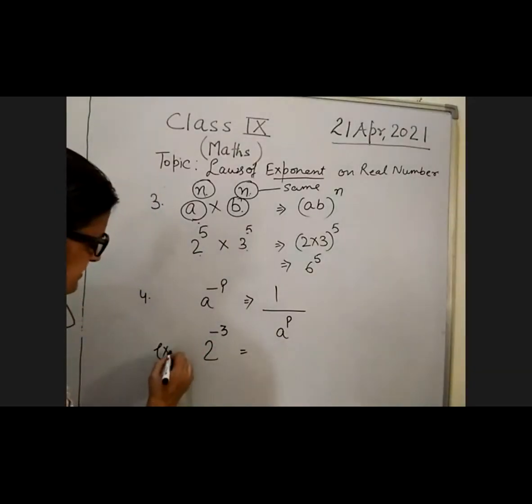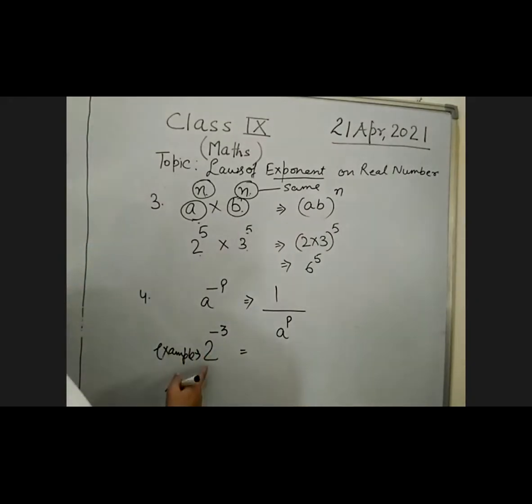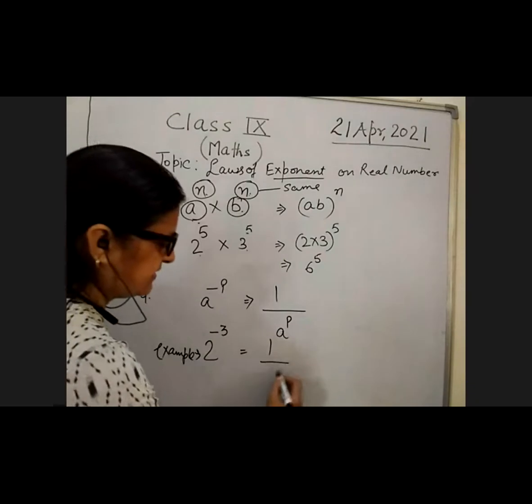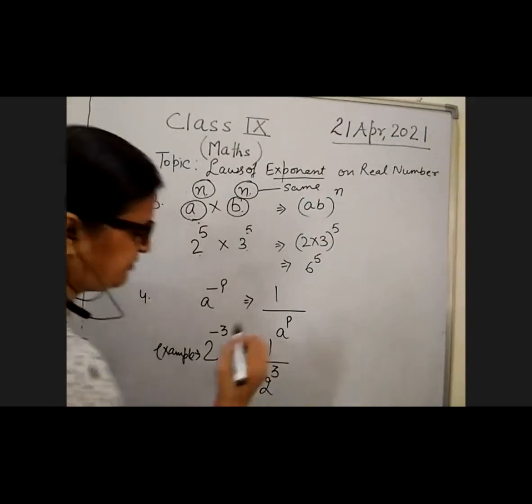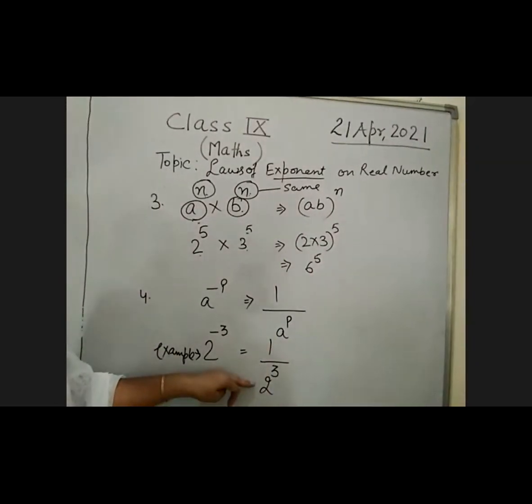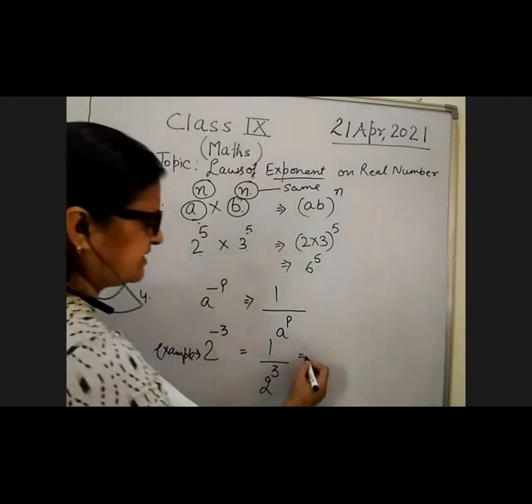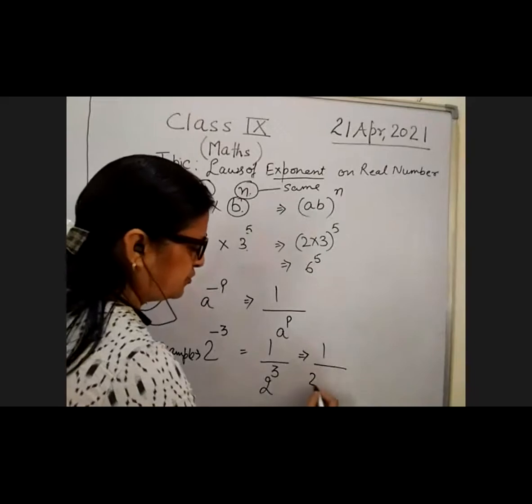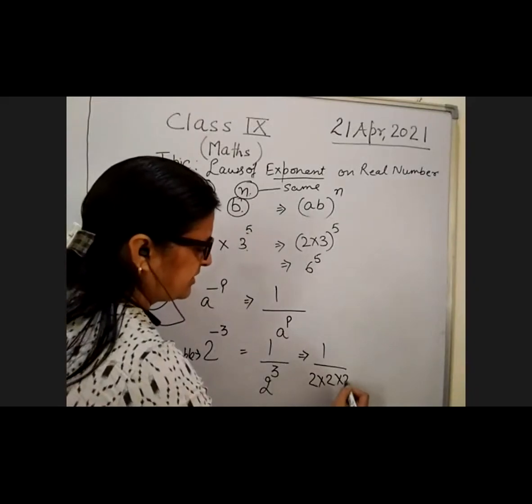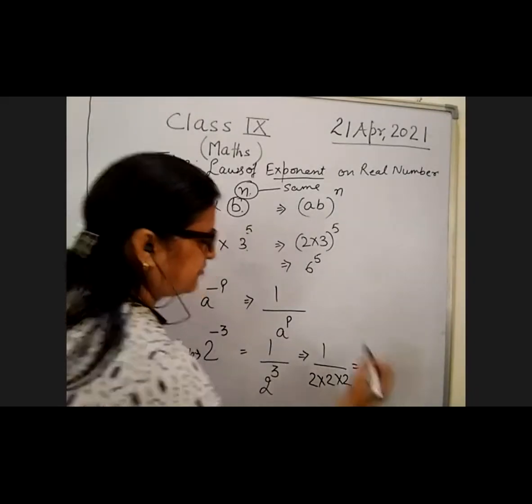I am taking an example one by one for every rule. 2 raised to the power minus 3 is equal to 1 upon 2 raised to the power 3. Denominator में power become positive. So it is equal to 1 upon 2 multiply 2 multiply 2, which is equal to 1 upon 8.